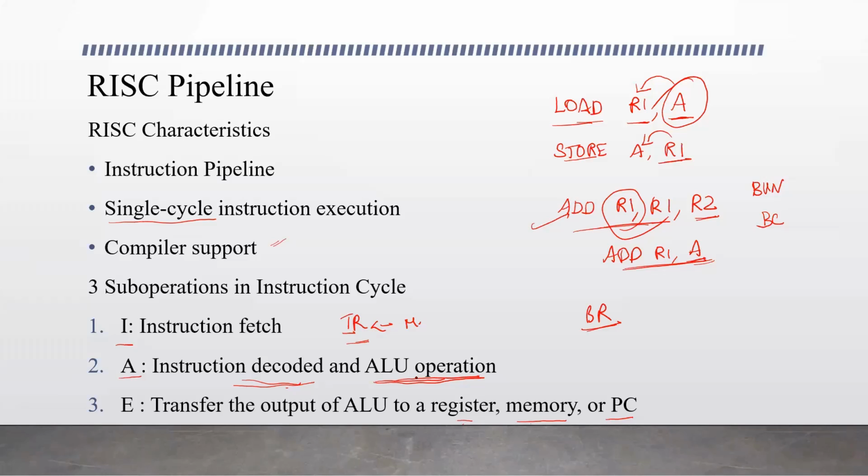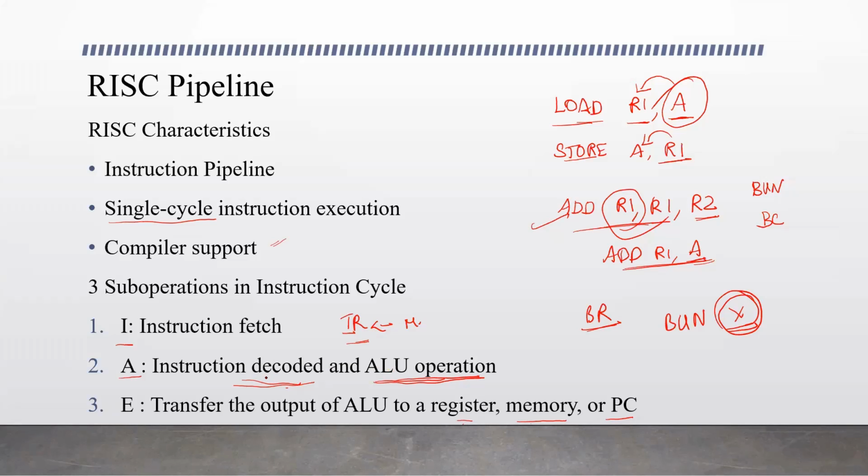Control has to be taken to a different location that is specified in the instruction. If it is an unconditional branch, X is the location where control has to go to execute the next instruction. So calculating this address is the operation performed here.